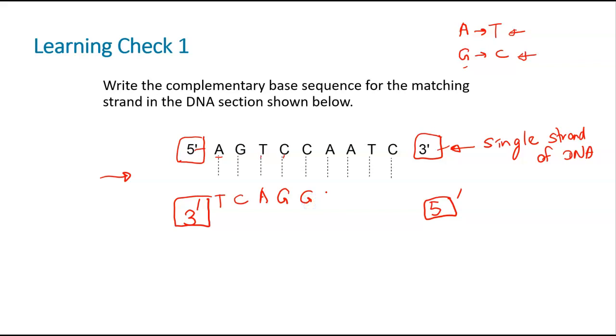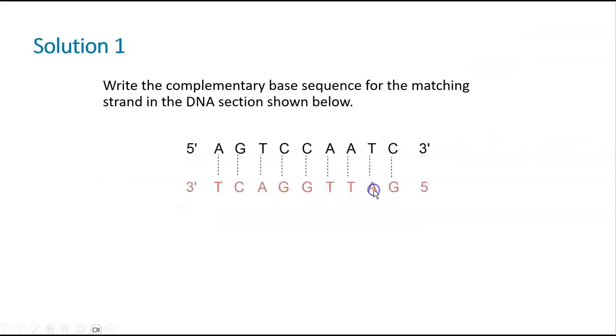Just like that, keep writing the sequence, and then you will get the answer like this. So these are two complementary strands with the correct complementary base sequence. And this is how the bases are bonded to each other using hydrogen bonds.